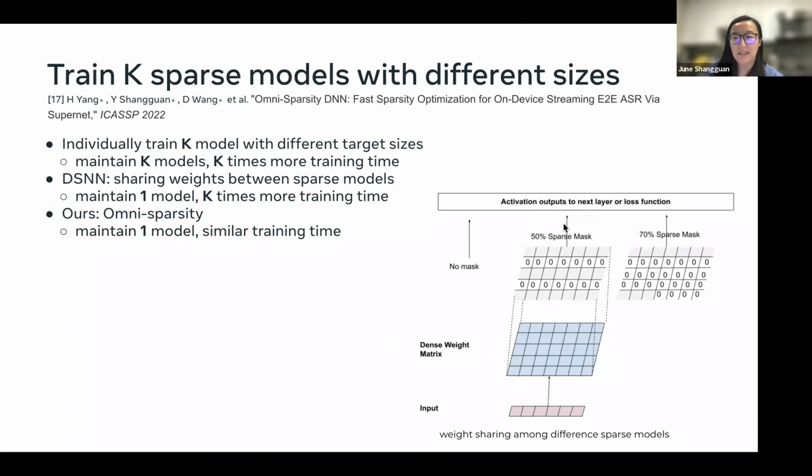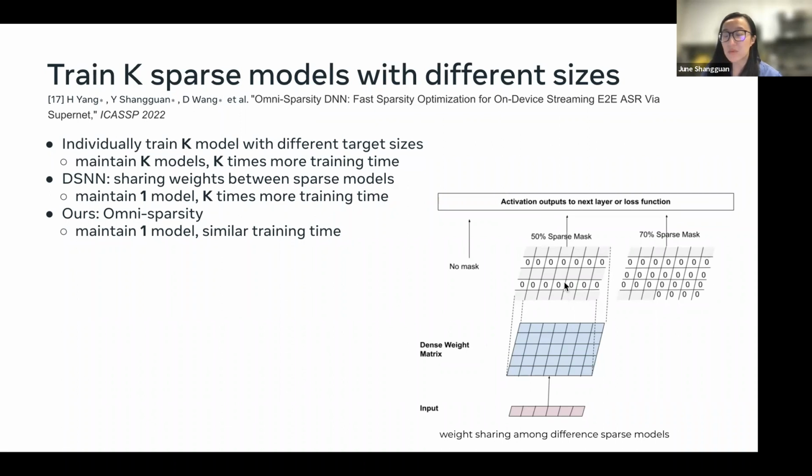And so in our case, we look at individually training K models. You will maintain those K models and you will have K times more training time than one single model. There is a work called dynamic sparse neural network, which I will elaborate on later. It's done by Google, and it says, okay, let's share the weights of the K models. All of them share the same underlying weight, with a different mask.